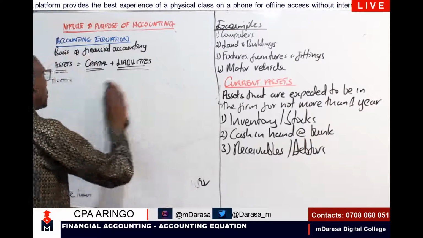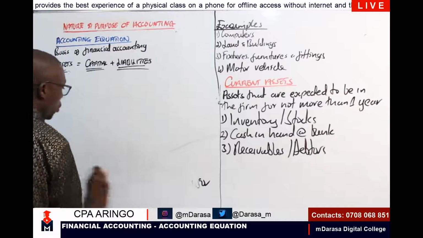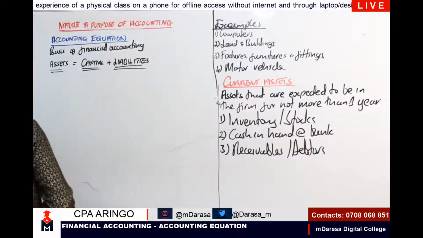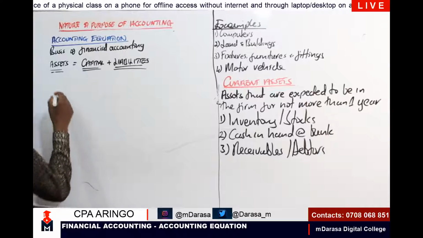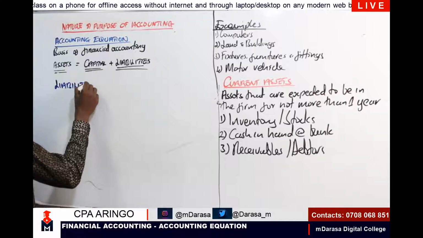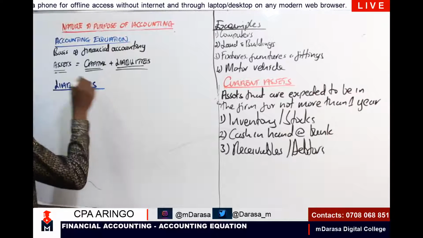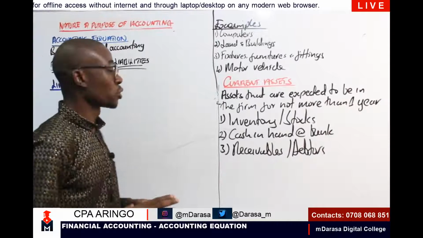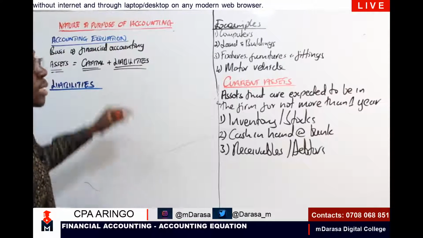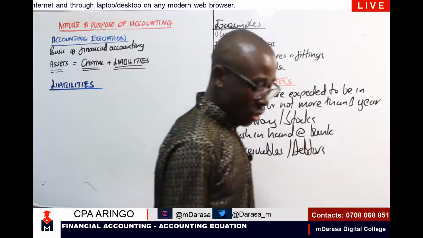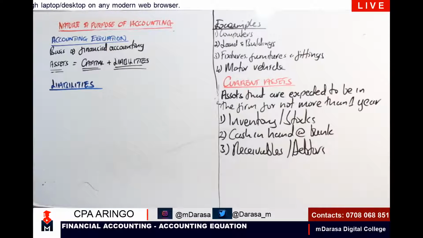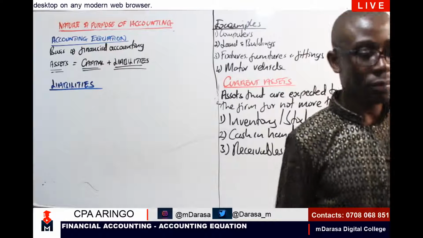So anytime we'll be talking of liabilities, what must we always be able to recall? We've talked of assets. Now we are on the second part, liabilities. So, my good students, anytime you talk of liabilities, what should come at the back of our mind?